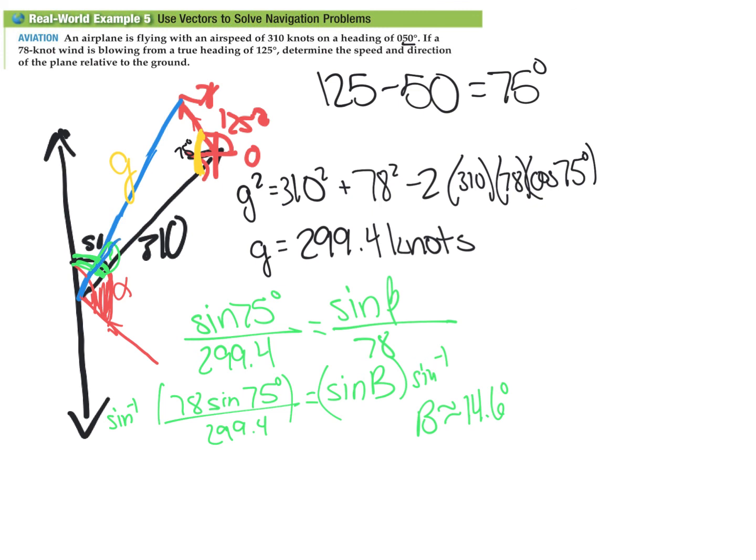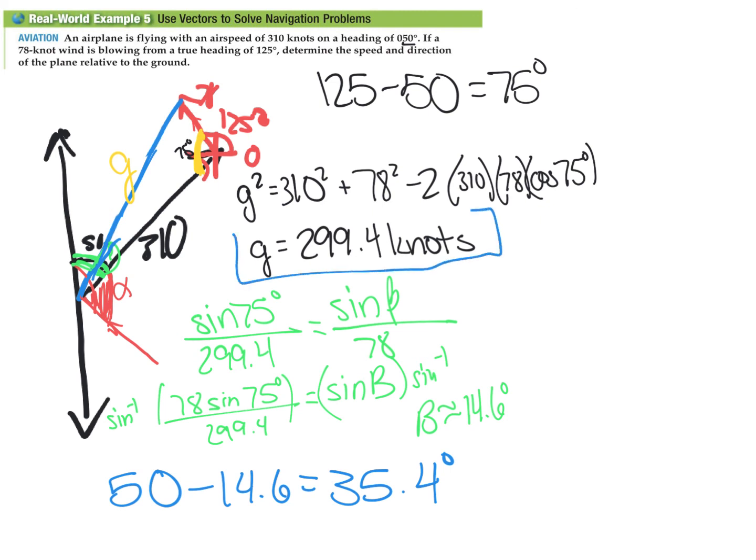I know that's really hard to read. Okay, so that is 50 minus 14.6, which is 35.4 degrees. So the airplane traveled 299.4 knots at a 35.4 degree heading because of the wind and the speed.